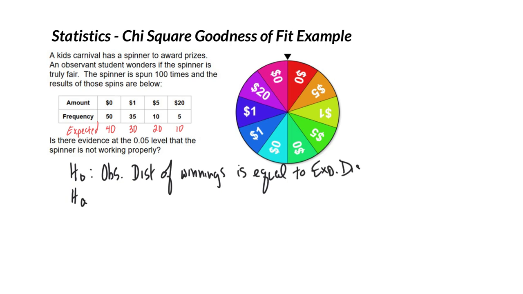I'm just going to use a little bit of simplifying the language here so I don't have to go too far up. And the alternative is simply that the observed distribution of winnings, you could also say the spins or something like that, is not equal to what we expect.